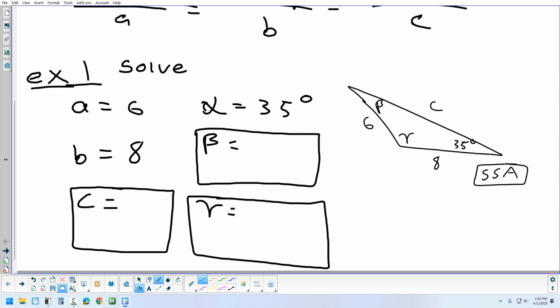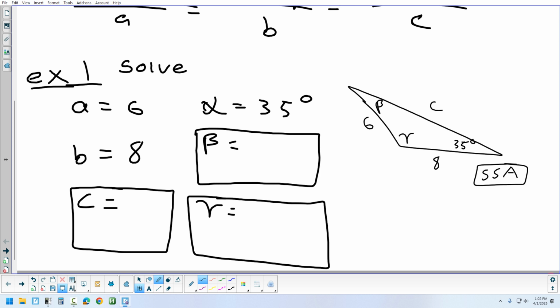You can't do C and you can't do gamma because they're both unknown and they're in the same row. Okay. If you have an empty row, forget about the empty row unless you can figure something out in it right away. If you're thinking, well, what about Pythagorean theorem to get C? Why not that? There's no right angle. We don't know yet if this is a right angle. So you can't use Pythagorean theorem and assume it is.